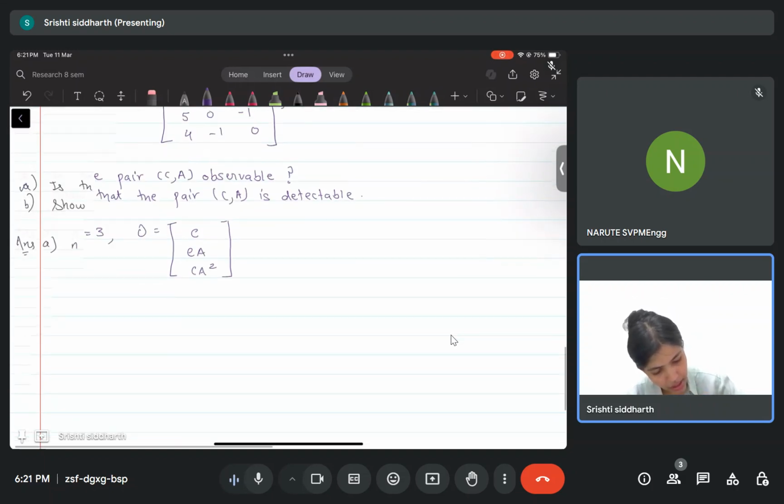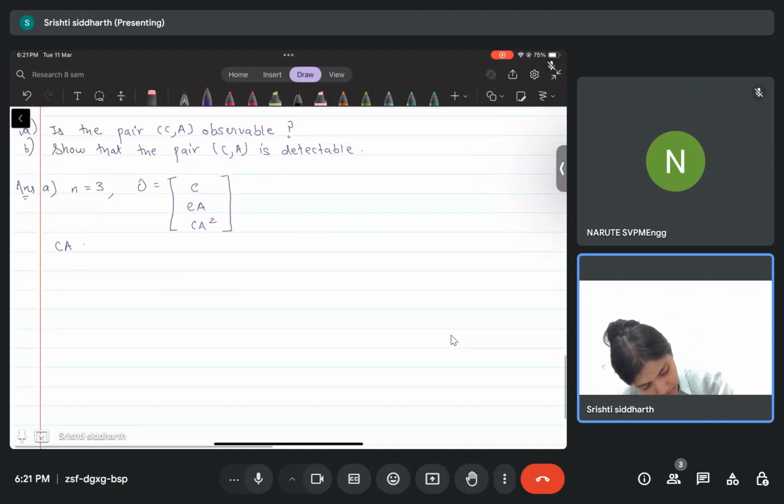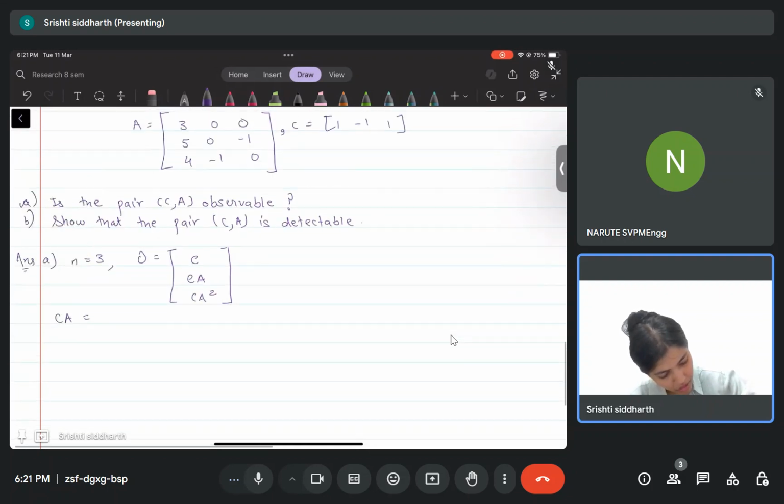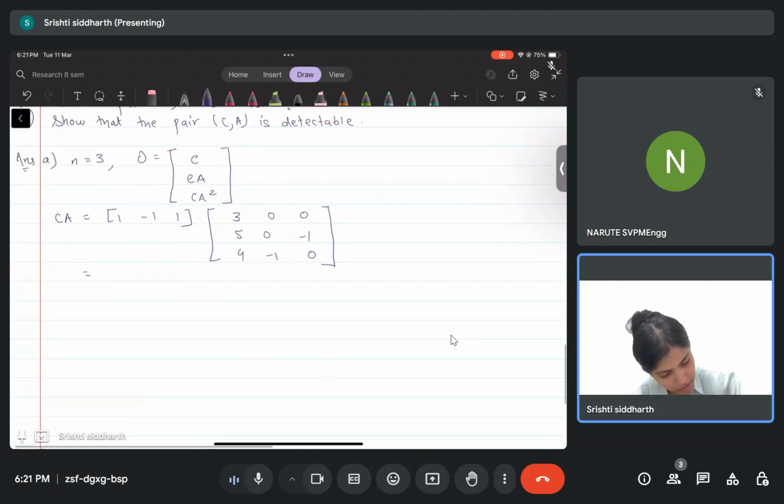Now let's compute CA first. This one, 1, -1, 1, times the matrix [3, 0, 0; 5, 0, -1; 4, -1, 0]. This becomes 3 minus 5 plus 4, then minus 1, then plus 1. This is 2, minus 1, 1.